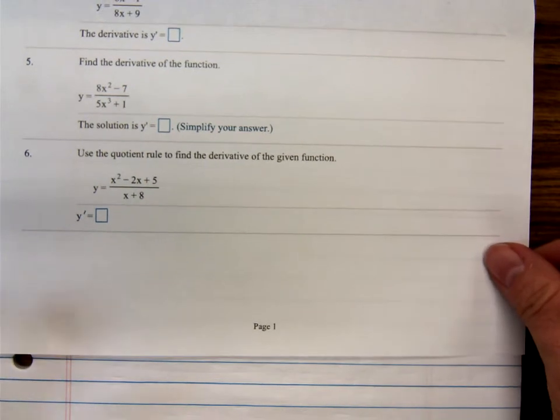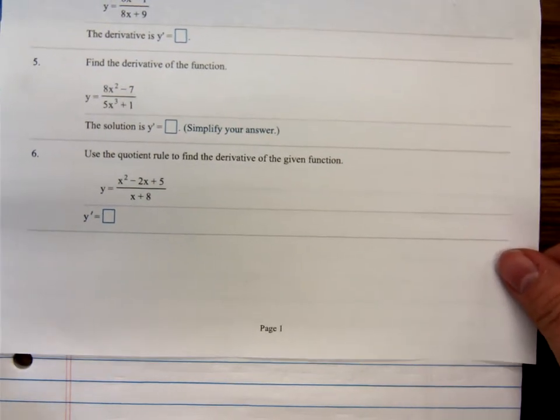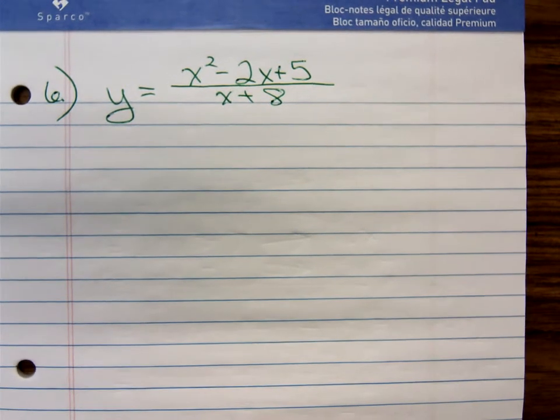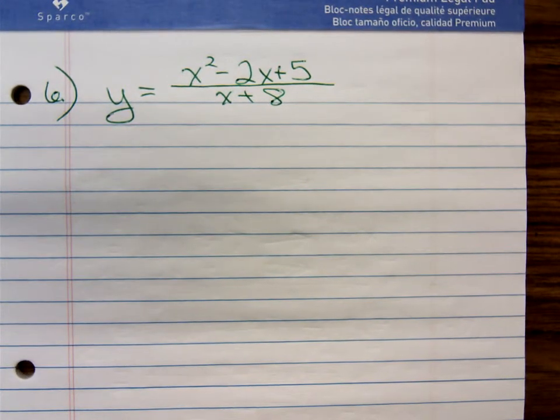So, we're taking the easiest approach there is at this point. If we're going to use the quotient rule, we need to know the derivative of the numerator and the derivative of the denominator. So let's differentiate the numerator.